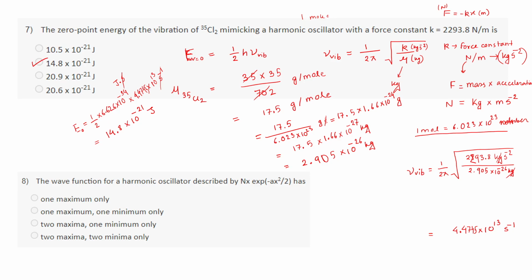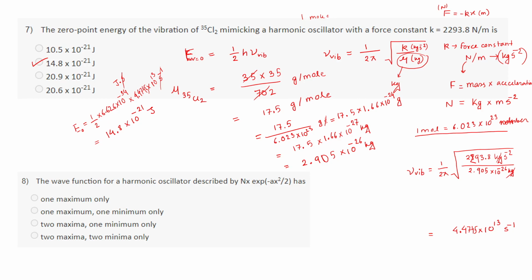So in future, can you solve a problem like this? The main trick was to get the mu into kg, right? The rest of the part is just a calculation. Did you solve this kind of problem earlier, or were you seeing it for the first time? At least changing the mu from AMU to gram per mole.